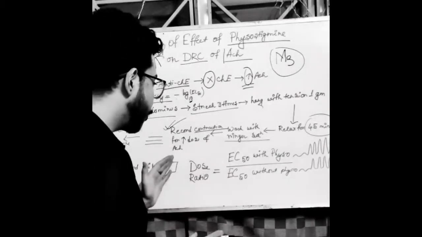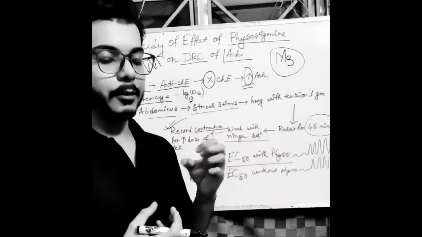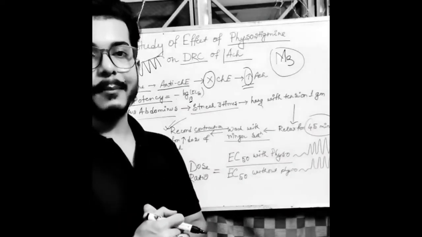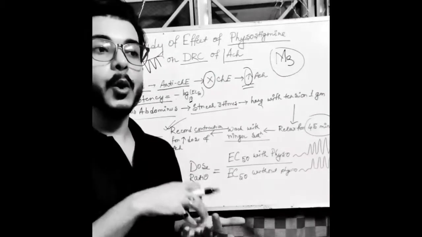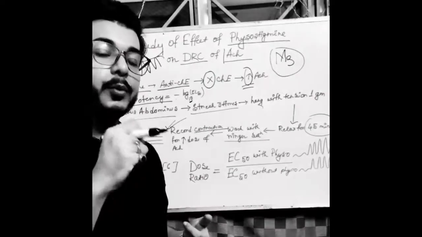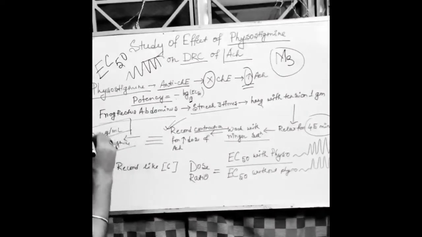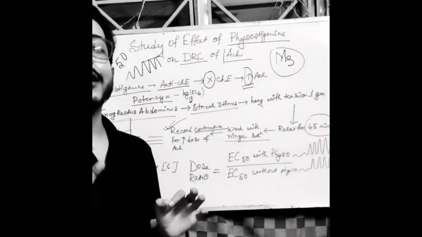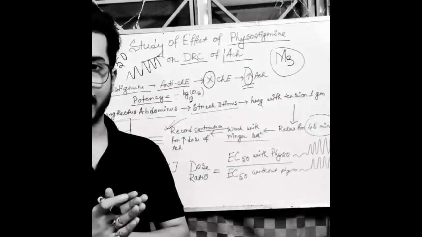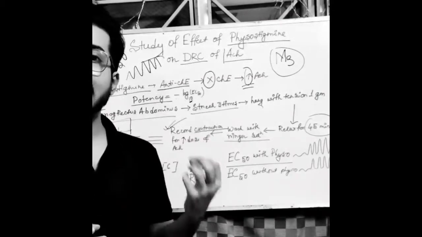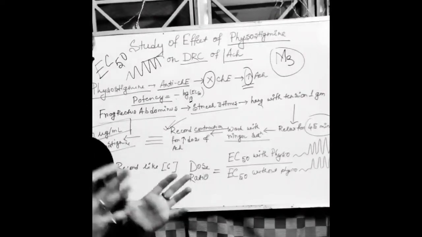We have washed it, then in the organ tube where your frog's rectus abdominis is present, dipped in the frog's Ringer solution, we will be giving 2 microgram per ml of physostigmine. Okay, we have given it in the Ringer solution. Next, we will wait for 30 minutes.